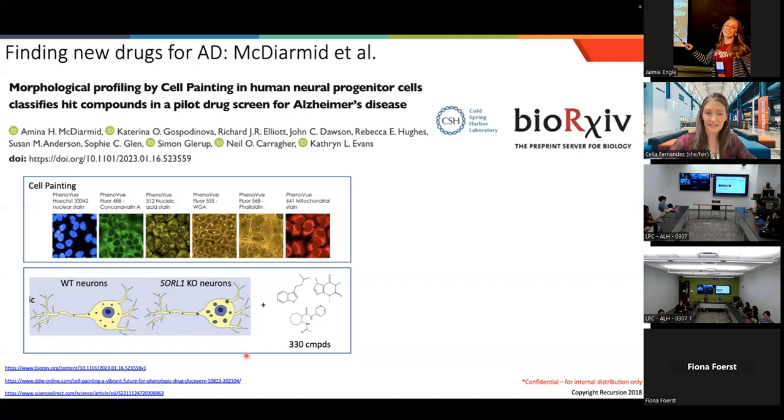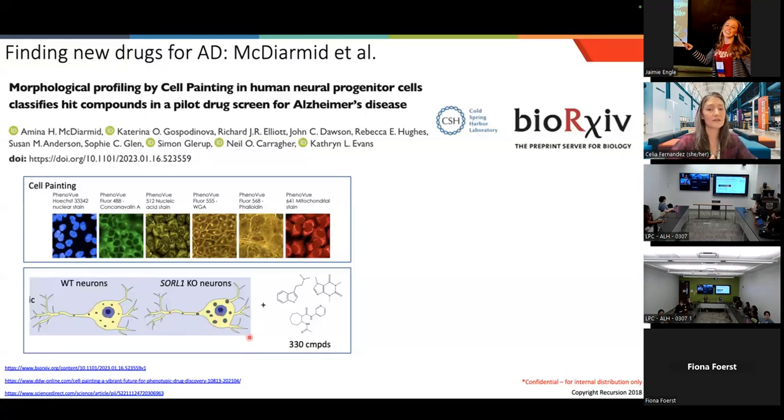And so they reasoned here, we can generate cells that are knocked out for sortilin. We can see this enlarged endosomal phenotype. We think this is really important and associated with the disease progression because it'll mess up the neuron's function. And so let's try to find some compounds that will make our sortilin 1 knockout neurons look more like healthy wild type neurons.